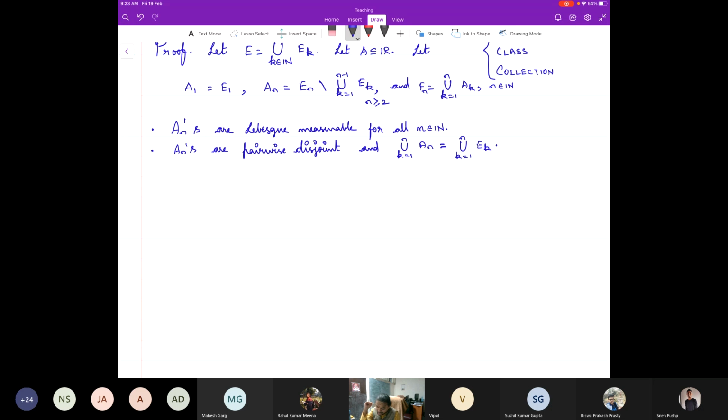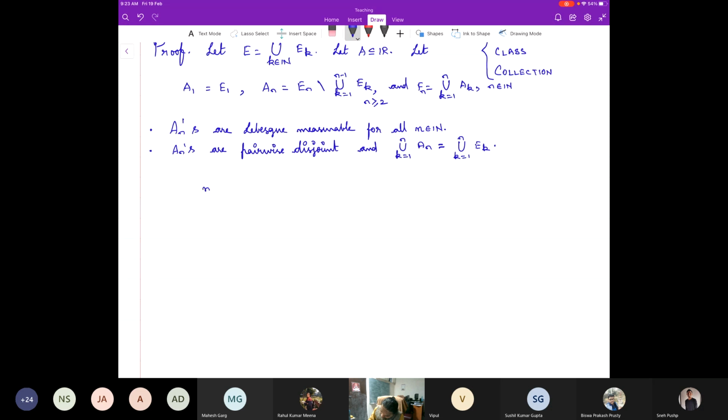These are pairwise disjoint. Fine. Therefore, we have M star of A intersection with Fn, which by definition is M star of A intersection with the union 1 to N of AK.